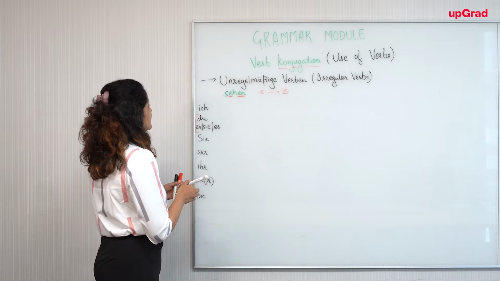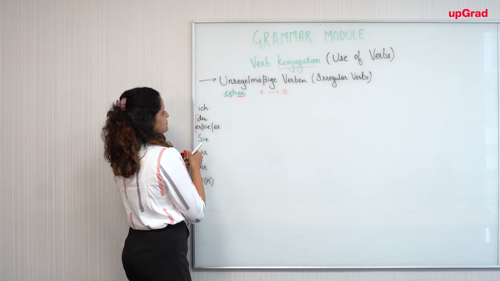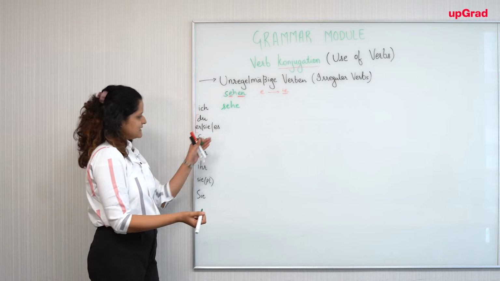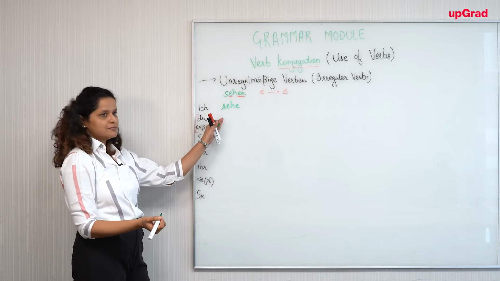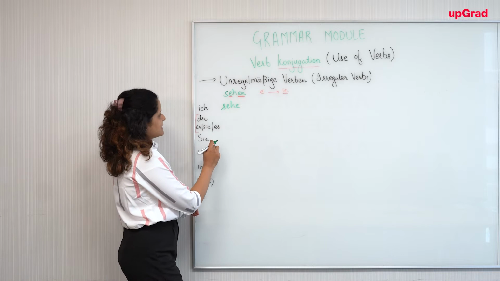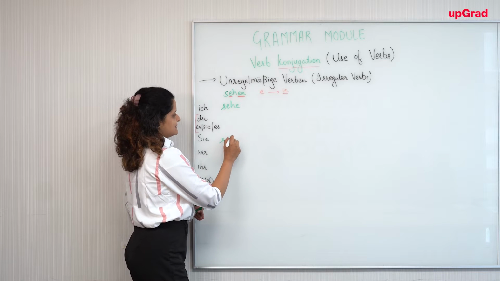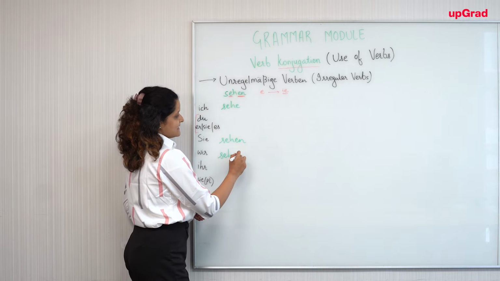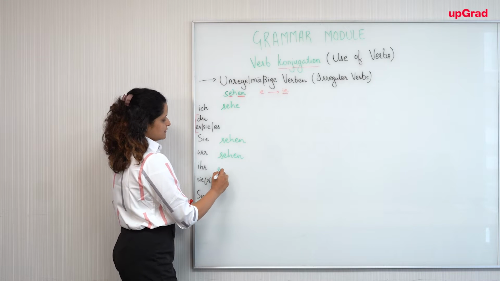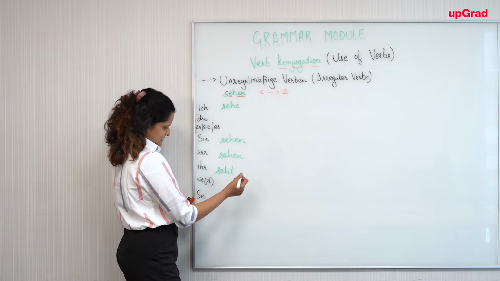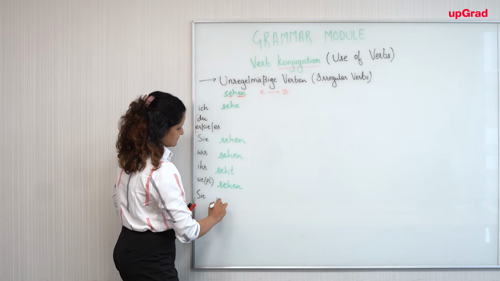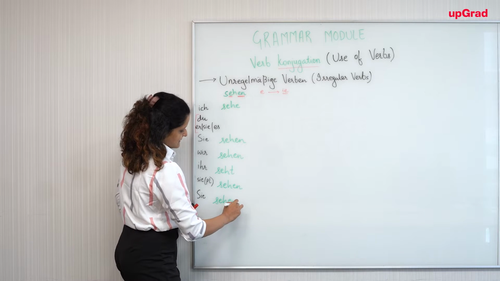So, let's take a look. So, ich becomes ich sehe. Okay, let's do the rest of the conjugation and come to du and er/sie/es later. Sie sehen, wir sehen, ihr becomes seht, sie sehen, Sie sehen.